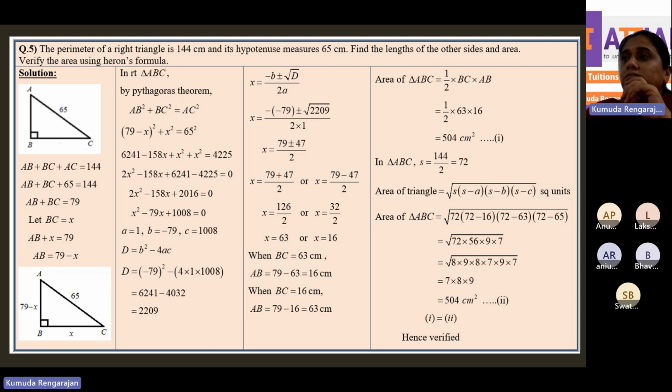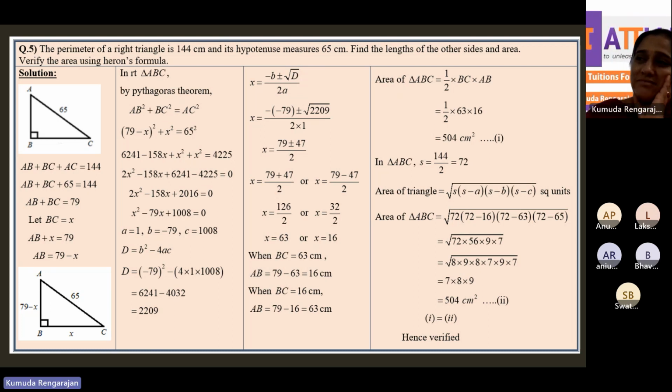Understood, Sahana? A smile costs nothing. I won't ask you money. Still, she's not smiling.